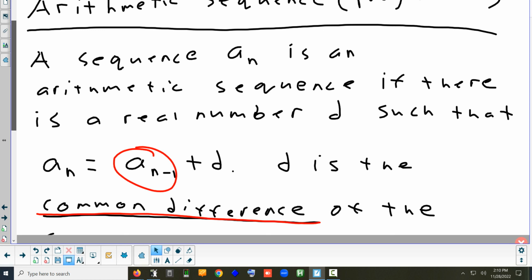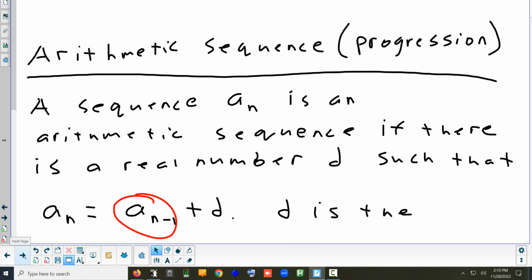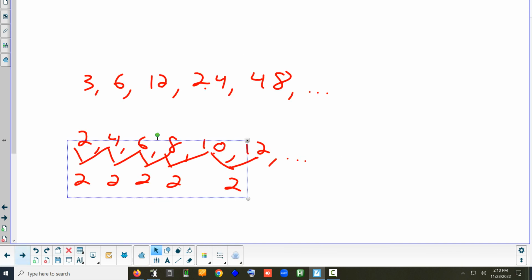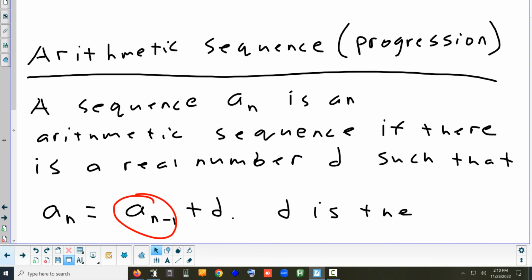Now, if you look at that sequence where I was doubling, that does not have a common difference. If you subtract these, you get 12. If you subtract those, you get 6. And if you subtract those, you get 3. You're not adding the same thing to get from one number to the next. So there is no common difference there.